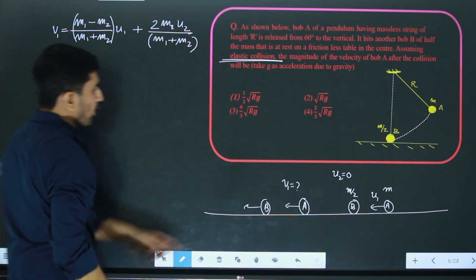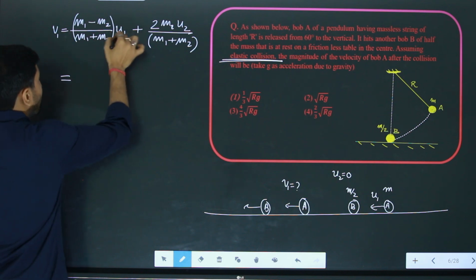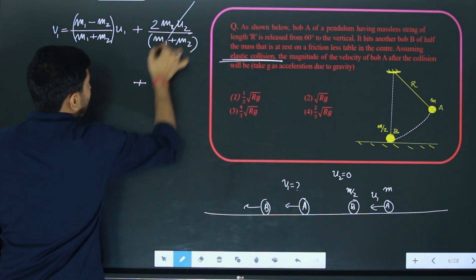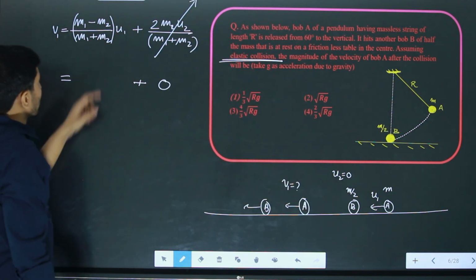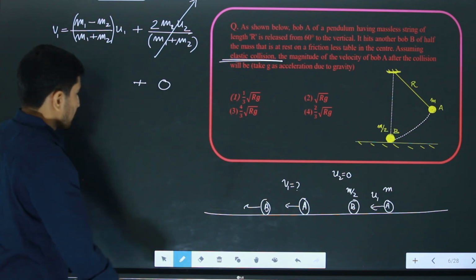To calculate the final velocity of A after collision, we need to know U1. What is U2? U2 is 0, right? The initial velocity of B is 0, so this term will be 0. To calculate this, we now need U1. How to calculate U1? Let's calculate.